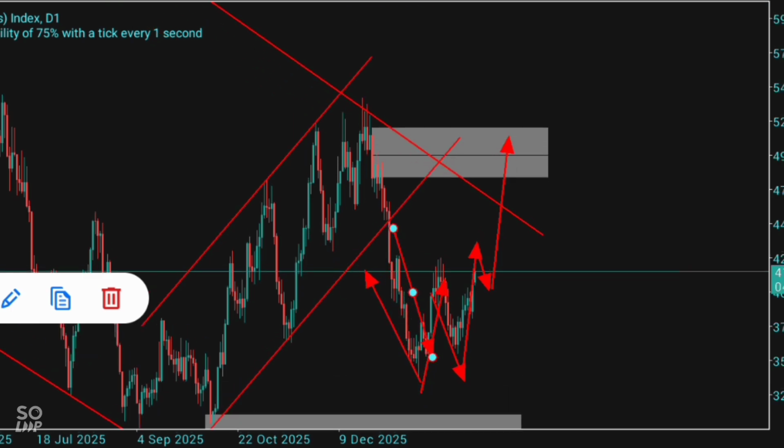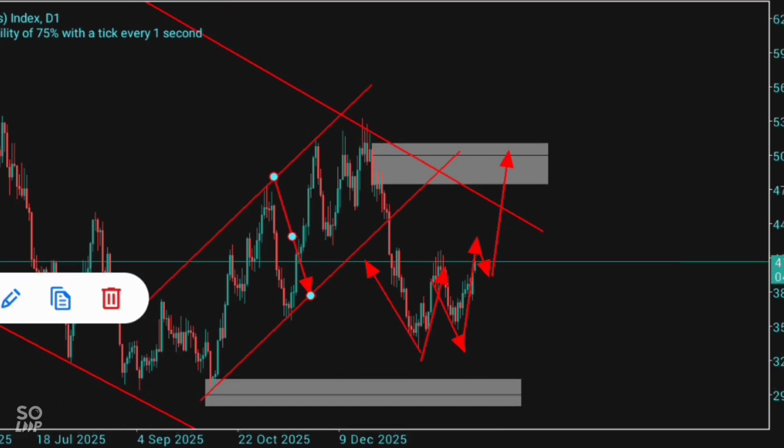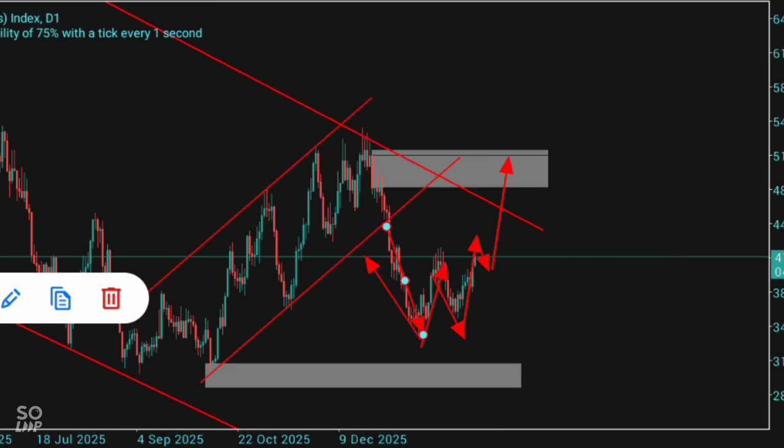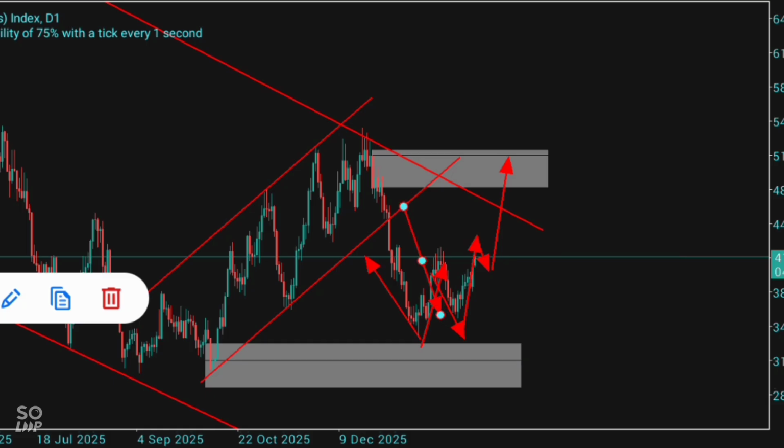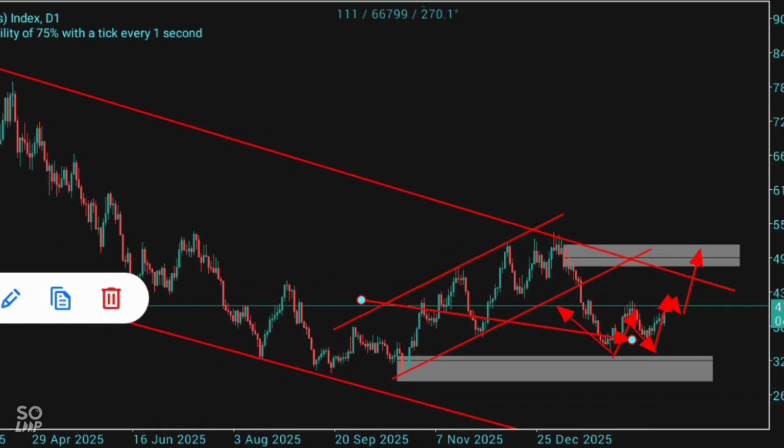So the first TP is here. If you measure it, that's the first TP, and for the second TP, you do this.